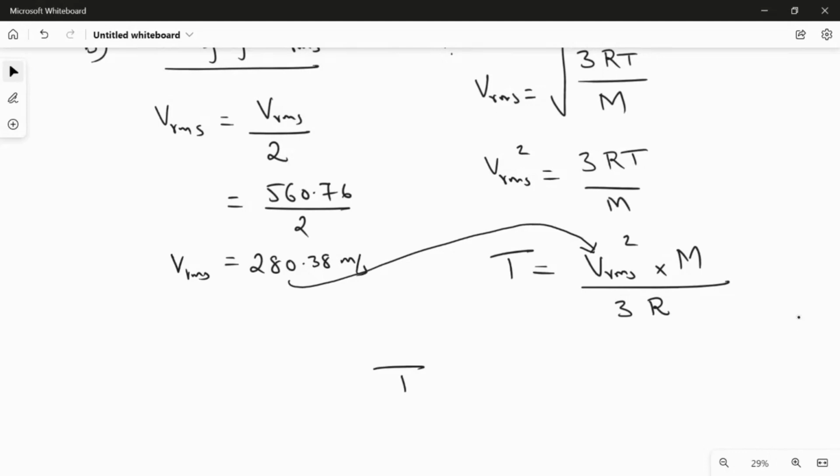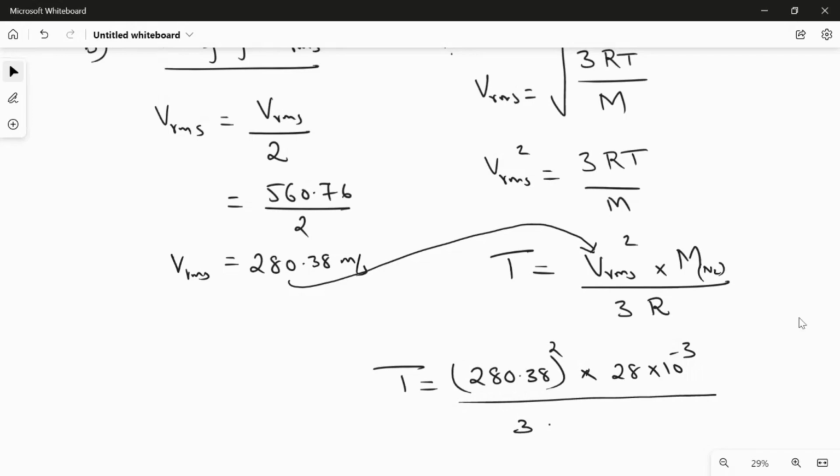So T is equal to 280.38 squared multiplied by the molar mass of nitrogen, 28 multiplied by 10 power minus 3, over 3 multiplied by 8.314.